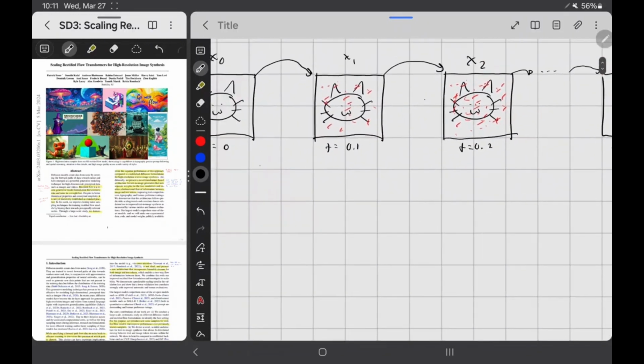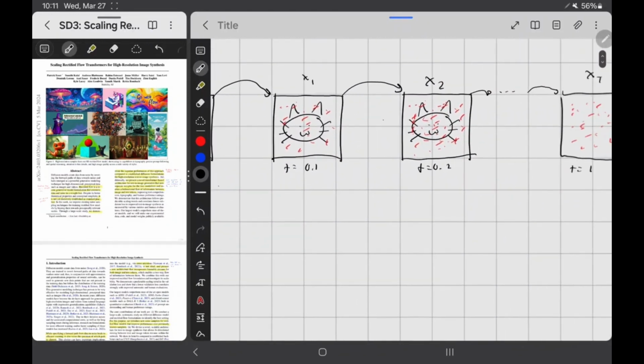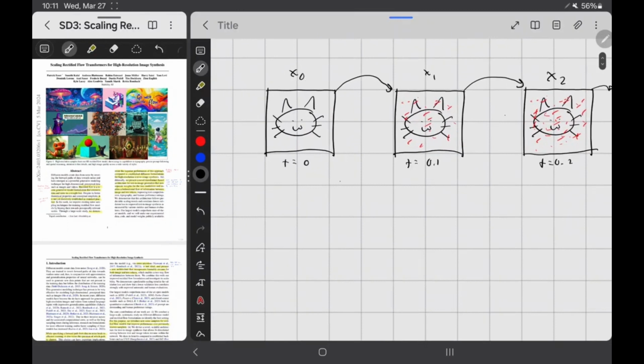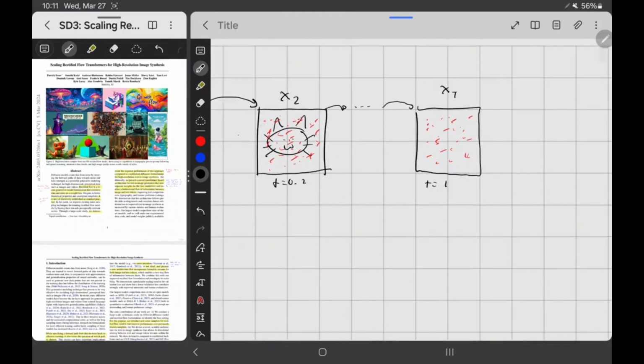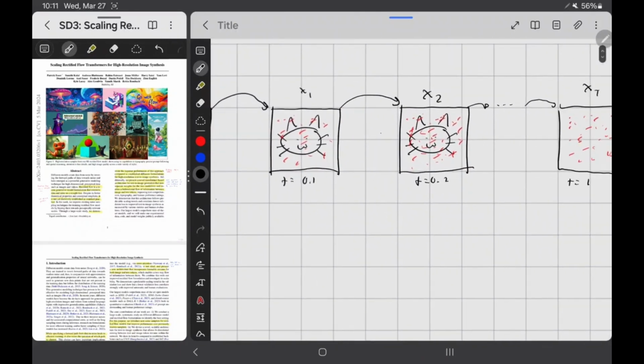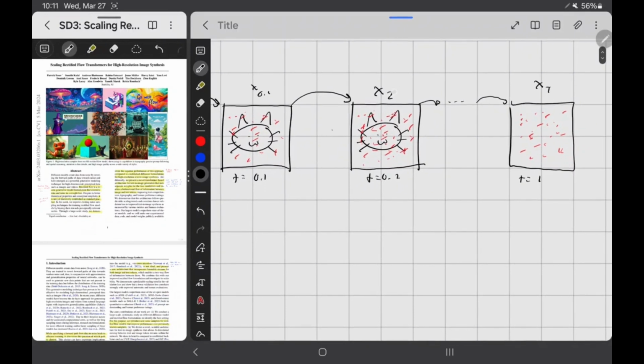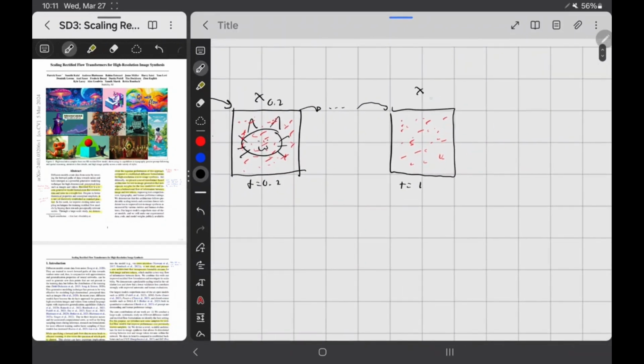So you basically have this chain from time step 0, which is 100% of your signal, x0, to time step 1, which is 100% of your noise, xT. To make this clearer, I'll denote these by the time step: 0.1, 0.2, and 1. I may also denote it z_t, which is the same thing.